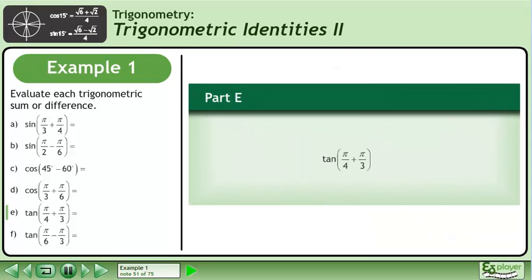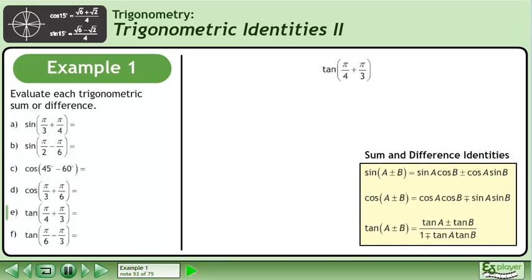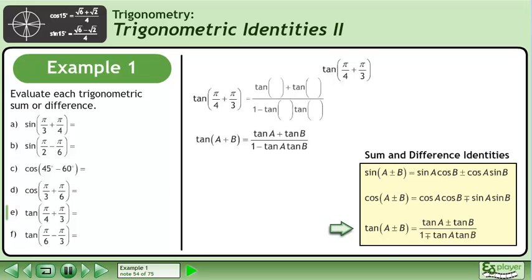In part E, evaluate tan of pi over 4 plus pi over 3. Bring up the sum and difference identities. Use the sum formula for tangent. Plug in the angles. Find the exact values of each trigonometric ratio.